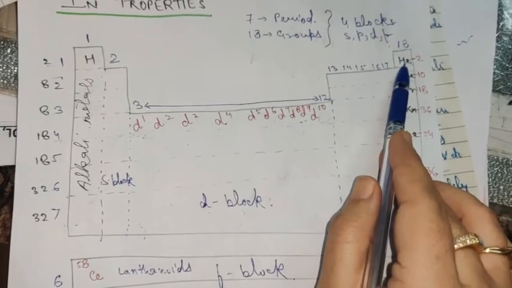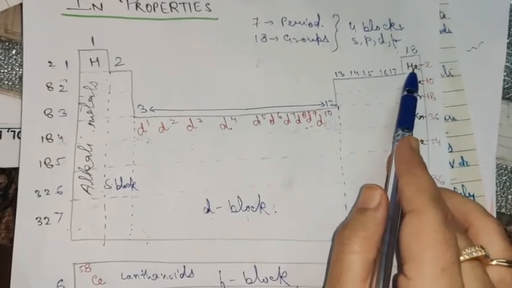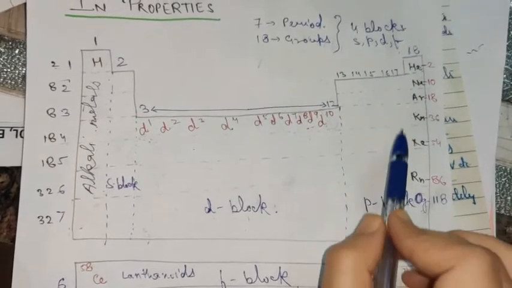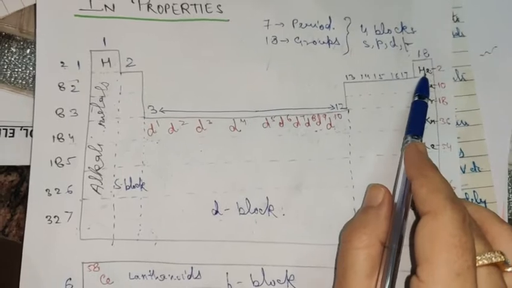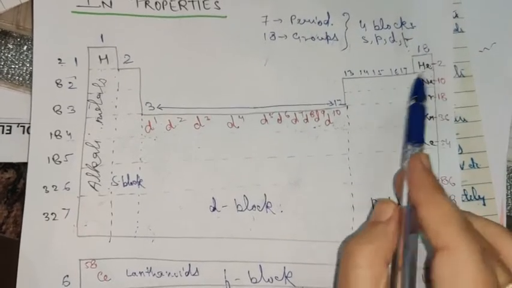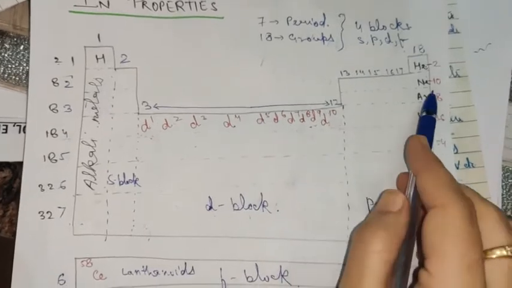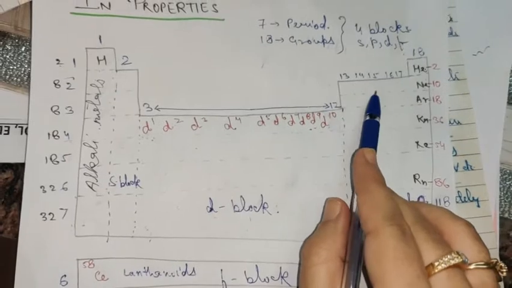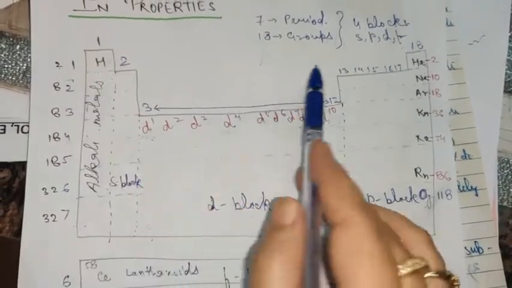When you write the electronic configuration of helium, it is 1s2. Generally, because it is a noble gas, it is placed here, but the last electron in the case of helium is not entering into the p subshell. So excluding this, when you consider all these elements, you'll find that the last electron is entering into the p subshell, and the p subshell is beginning from the 2nd period.